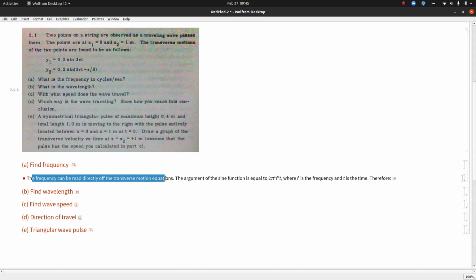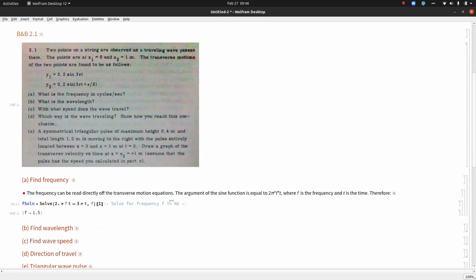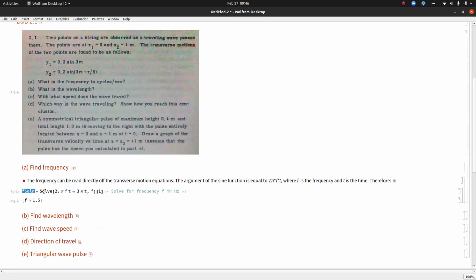The frequency can be read directly off the transverse motion equations because if you have looked at any of the wave on a string equations before, you know that the argument of the sine function is 2 pi times the frequency times time. Therefore, we can find the frequency simply by solving this equation for the frequency. So 2 pi f t has to equal the argument of our sine function, which is 3 pi t.